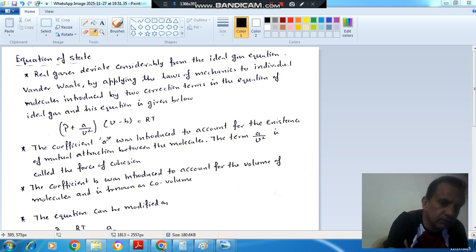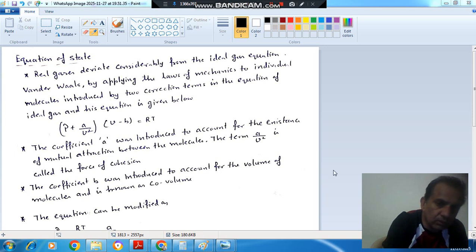So this term a/v² is called the force of cohesion. And the coefficient b was introduced to account for the volume of the molecules, because we are considering the whole volume. There are spaces between the molecules, so this factor has to be reduced to get the actual volume of the molecules. So that is the second factor.